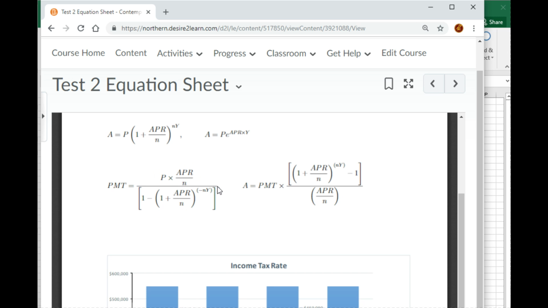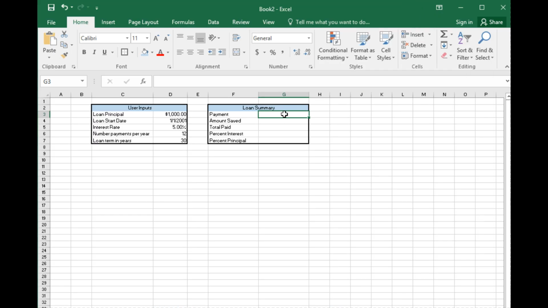So I need to essentially type this equation in to this spot. So recognize we're typing an equation in, and we're not typing in the numbers. We want Excel to be able to auto update when we change these numbers. So we will not enter in any specific values, but however, we'll click on the cells that contain those values.